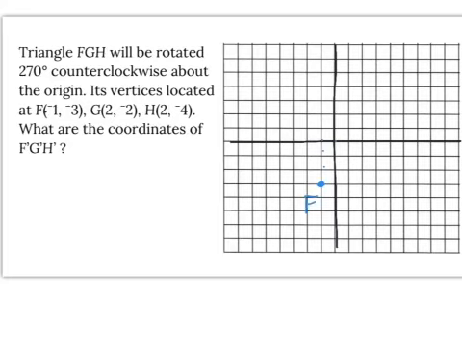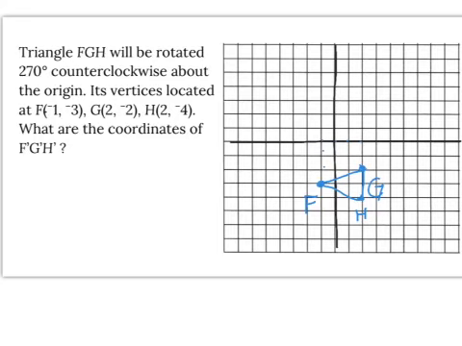My next point is going to be G. So the +2 means I'm going to the right 2, 1, 2, and down 2 because it's -2. Label it. H is going to be over 2 again, but now down 4: 1, 2, 3, 4. H, and I'm going to connect them.